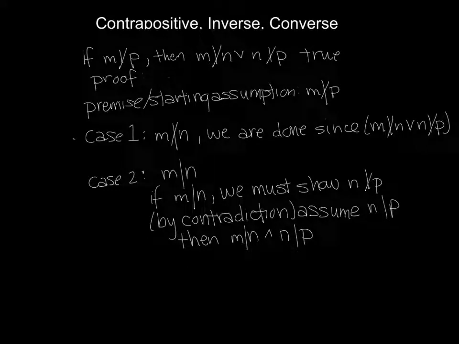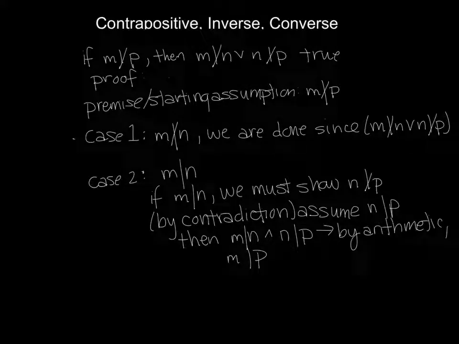If that's the case, then since we're in case 2, we have m divides n, and we've also got our assumption now, n divides p. But by arithmetic, that means that m divides p. Also, just a note, in Chapter 4, we'll be able to do a formal proof of this. But for now, just from your arithmetic, you know that means m divides p.